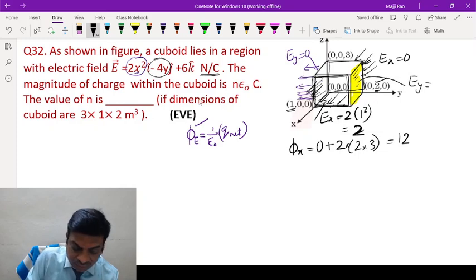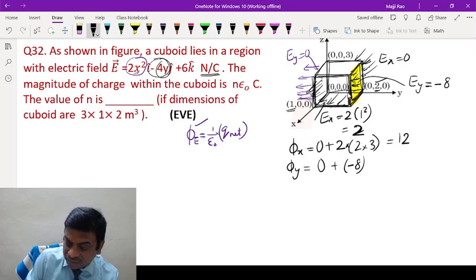Y equal to 2 you have to substitute. So minus 8, because lines of force are entering. So total flux will be again 0 due to this, and minus 8 into area. What is the area? Area of this is 1 into 3. 1 is this and 3, this is 3. So minus 24.